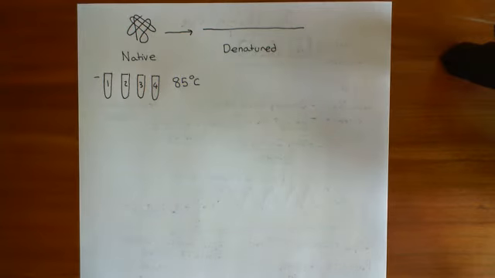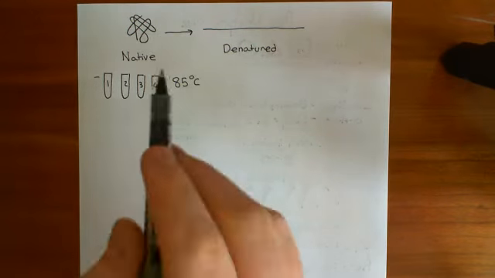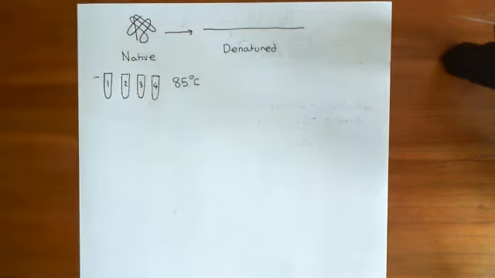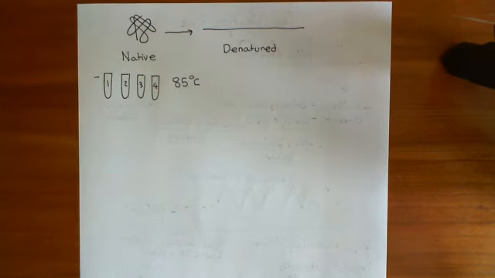So the reason we put that reducing agent in was to break the disulfide bonds so that it will truly linearize out. So 85 degrees Celsius will break most of the interactions, and the dithiothreitol will do the last little bit, which is the disulfide bonds.